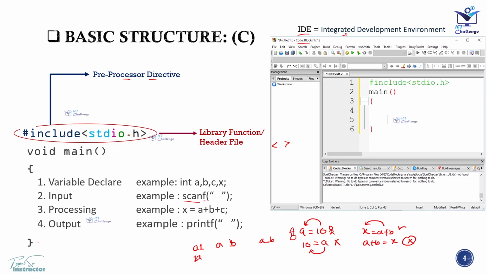So this hash include is used to take permission from the computer, because we use an IDE for our programming and we have to take permission from this IDE that we are going to use a library or a new library in our program. So that's why we give some direction to our processor.